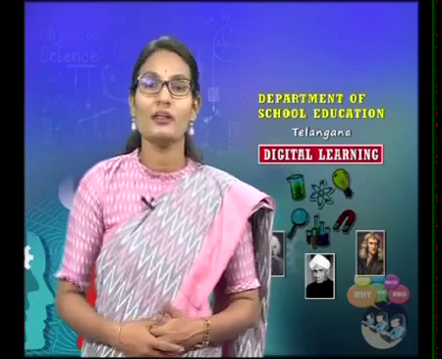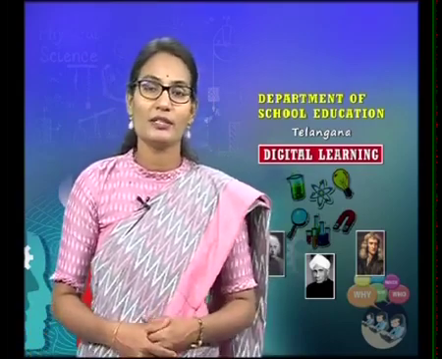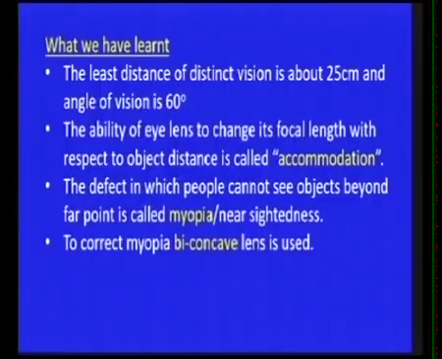Once again, let us recap all the points. Just take a look at whatever we learned in this session. The least distance of distinct vision is about 25 centimeters and the angle of vision is 60 degrees. The ability of the eye lens to change its focal length with respect to the object distance is called accommodation.